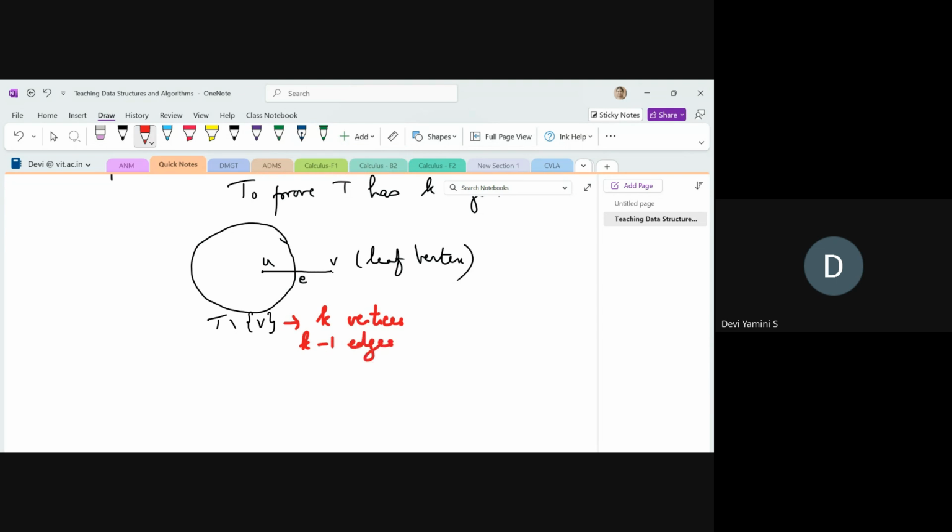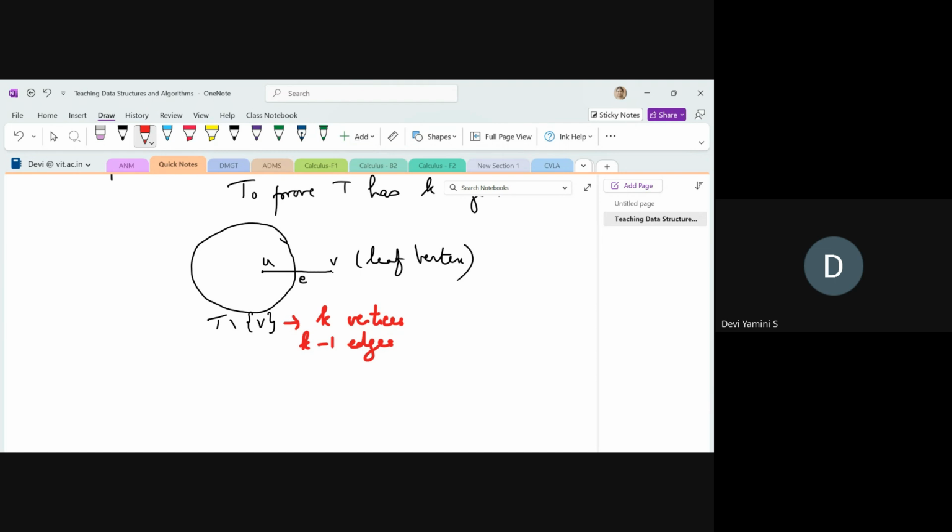Can you tell me what should be the next step? No. See, you have the tree, and by removing the vertex V, you got T minus V. One vertex removed. So the number of vertices in T minus V is k vertices. Now, by the induction hypothesis, this will have k minus 1 edges.